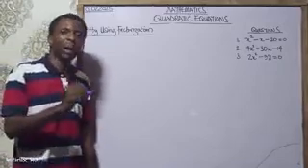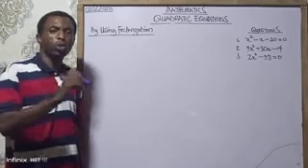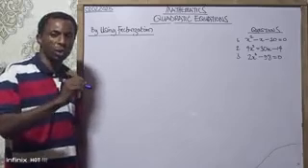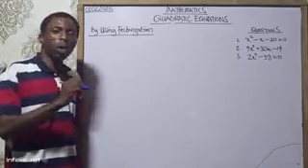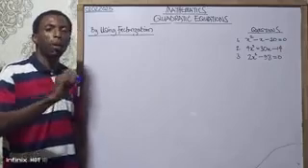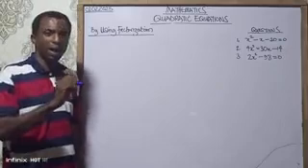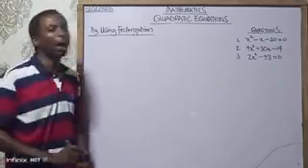Now, when we solve an equation through this pattern, I want to say not all equations can be factorized. Not all equations can you use completing the square to solve, and not all equations can you solve by using the graphic method. But all equations can be solved by the quadratic formula.